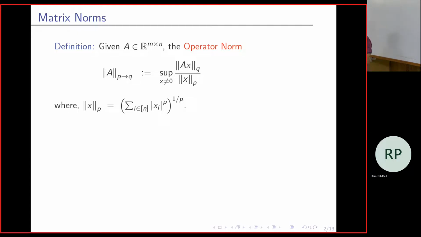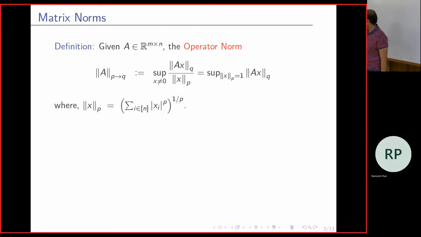Now, notice that this thing is homogeneous in X, because A is linear and the Q norm is homogeneous. So you can normalize further and restrict yourself to the case where the P norm of X is equal to 1.